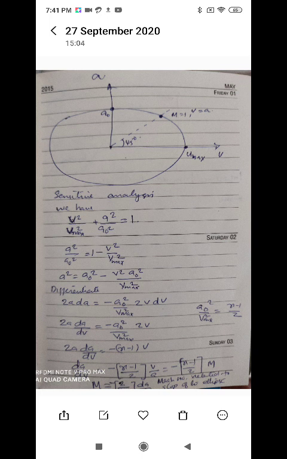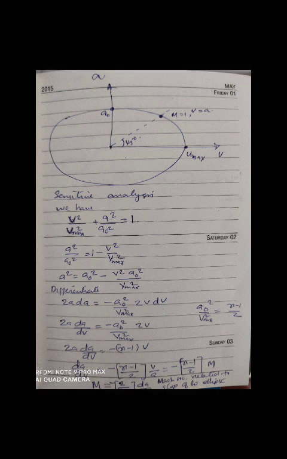So in order to prove the relation between M and slope, we do some analysis starting from our equation of the ellipse.